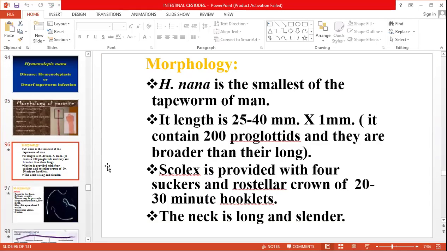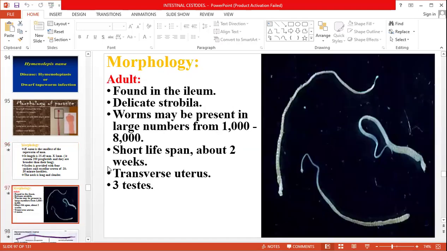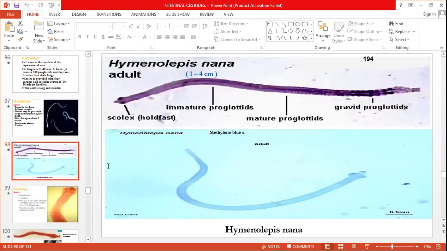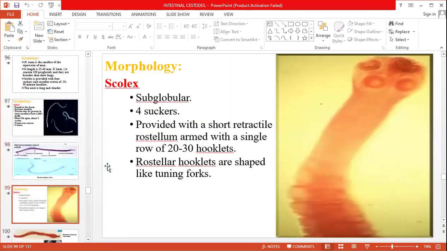It is a small tapeworm, the smallest of the tapeworms in man. The adult is found in the ileum. It has a delicate strobila, short lifespan, and transverse uterus. Subglobular suckers are provided with a short retractile rostellum. Rostellar hooklets are shaped like a tuning fork.